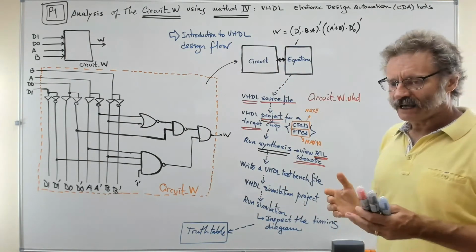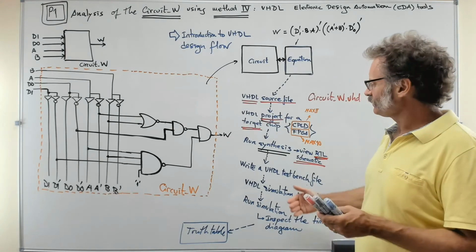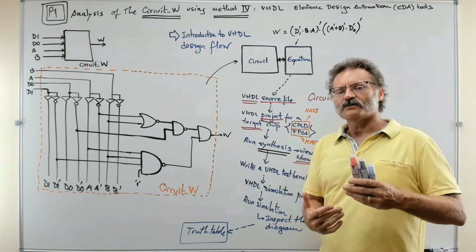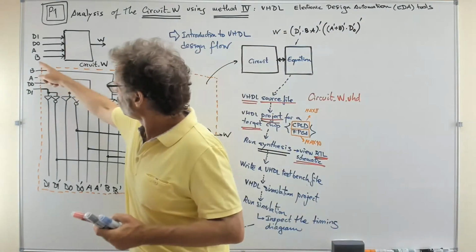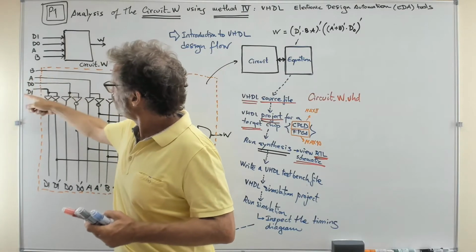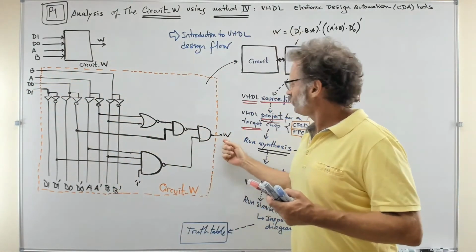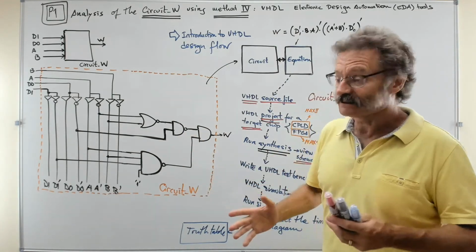And well, once you have a circuit in a computer, the next step, the same as when you were using Proteus, is that you have to simulate. You have to go applying values, D1, D0, ones and zeros, so you can reach the output and calculate it by simulation.